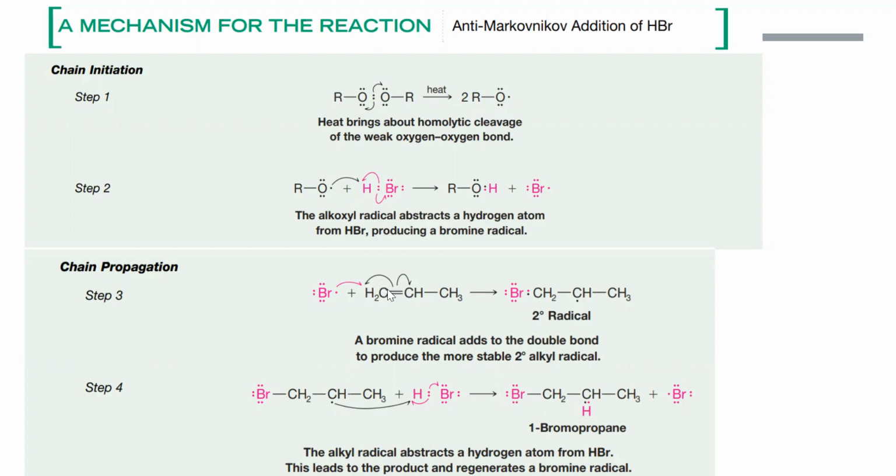Since there is a homolytic bond cleavage in this carbon double bond carbon, one goes to the bond formation, the Br-CH2 bond. The other goes to this carbon, so another arrow goes to this carbon with a dot. What we get here is a 2-degree radical. Now this is your radical.